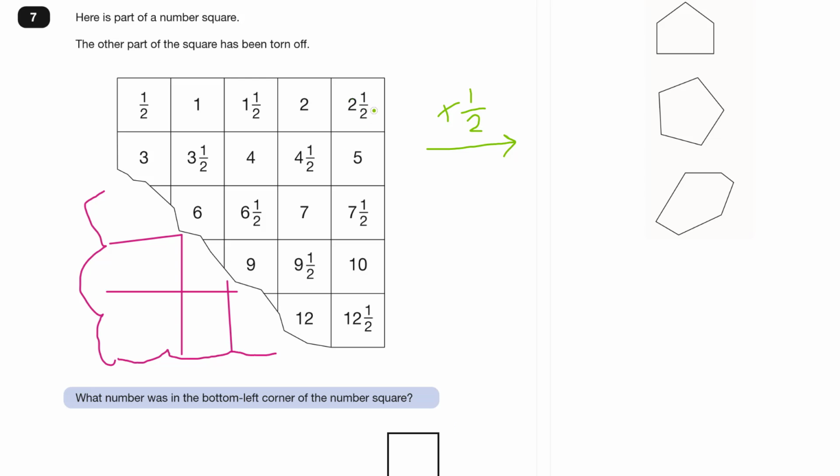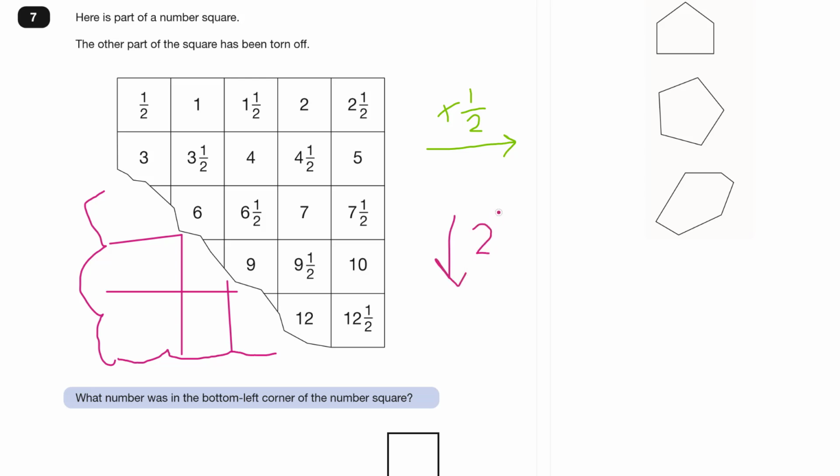Going down, if I look at this far corner here, 2.5, 5, 7.5, 10, 12.5. It's going down by 2.5. And if we look at the other parts as well, 2 plus 2.5 is 4.5, plus 2.5 is 7, plus 2.5 is 9.5. So it's going down by 2.5.